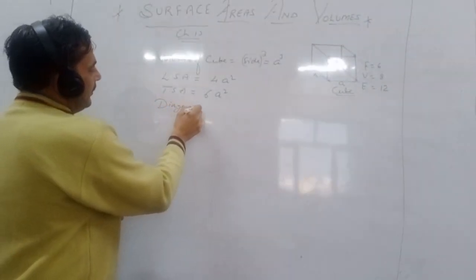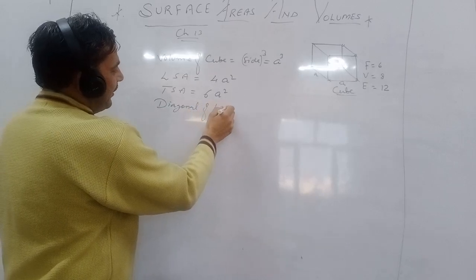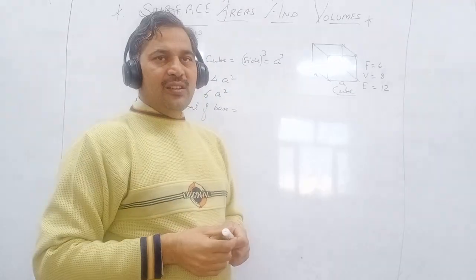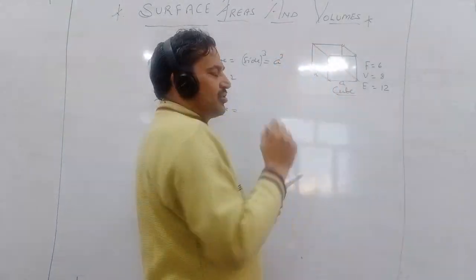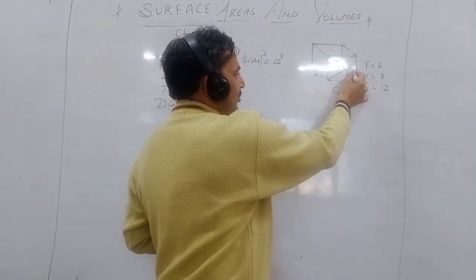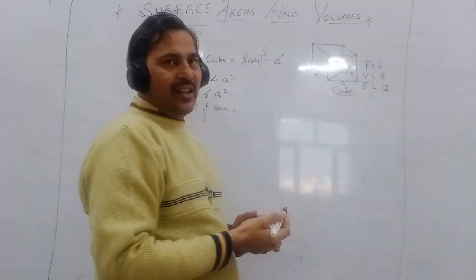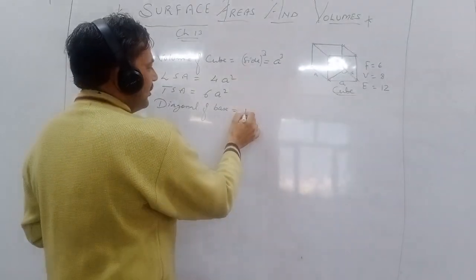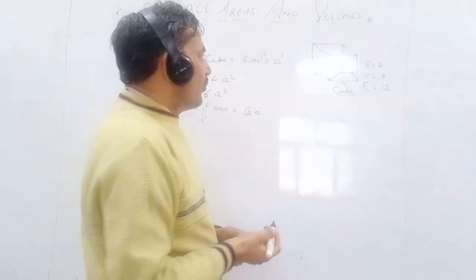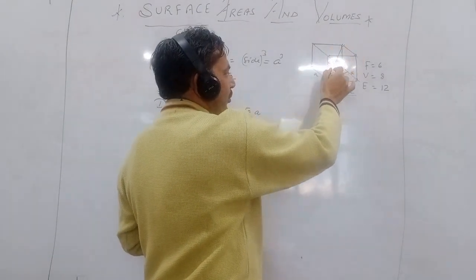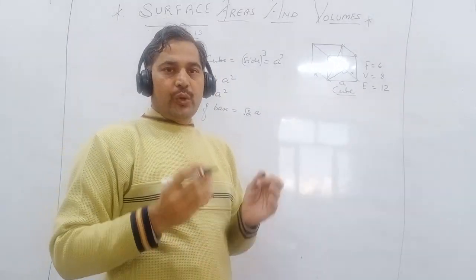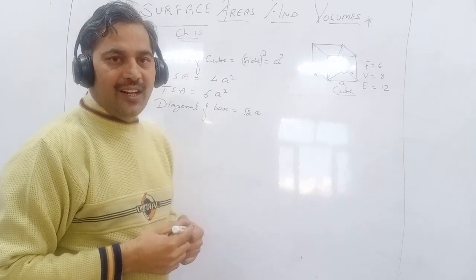What is the diagonal? What is the diagonal of the base in a cube? The base is a square. This one. So apply the Pythagoras theorem. It is a right angle, a square plus a square. So we can say root 2 into side, root 2a. What is the diagonal of the cube? The longest length in the cube is known as the diagonal of the cube.